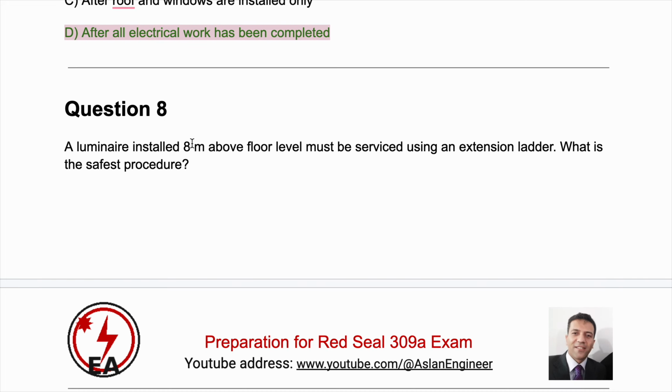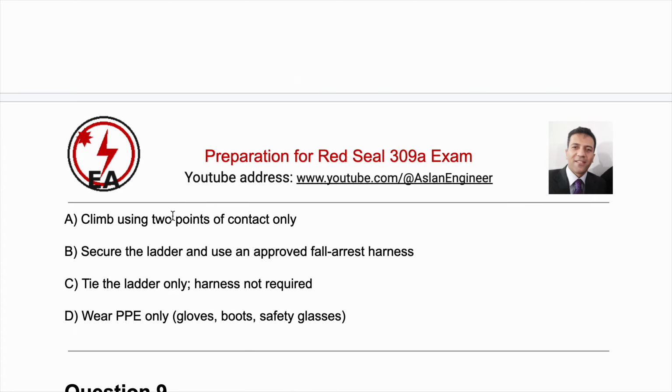Okay, question 8. A luminaire installed 8 meters above floor level must be serviced using an extension ladder. What is the safe procedure? So it is 8 meters above the floor, so we should be safe. Climb using 2 points of contact only, no. Secure the ladder and use the approved fall arrest harness.